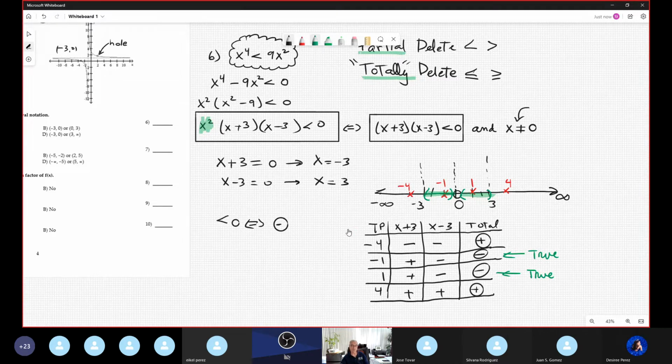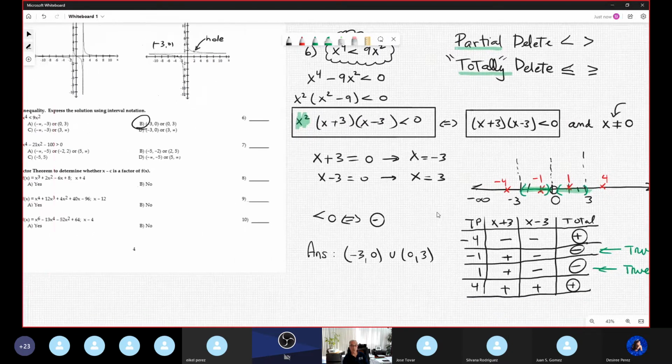That's the final answer: parentheses -3, 0, union 0, 3, which is option B. Look at that. Option B. Super cool.